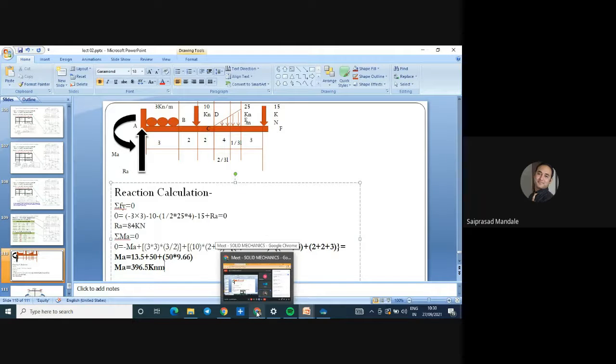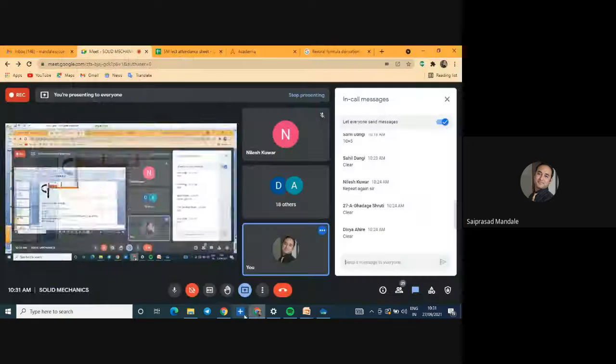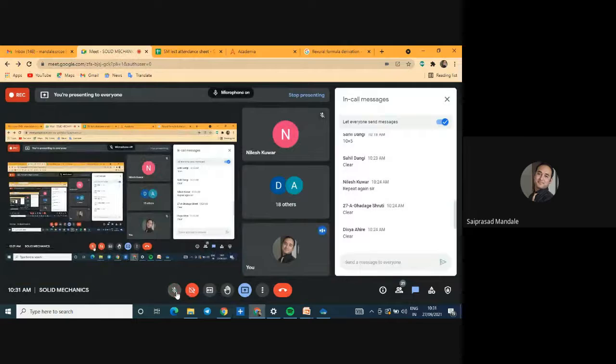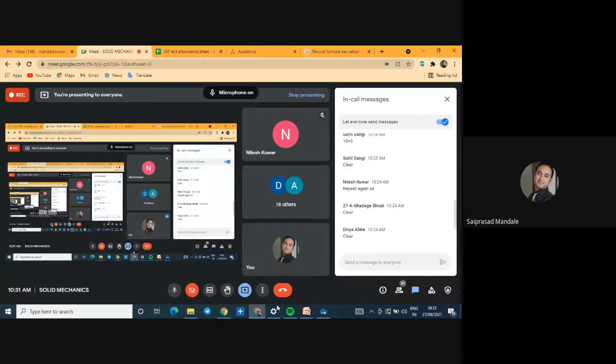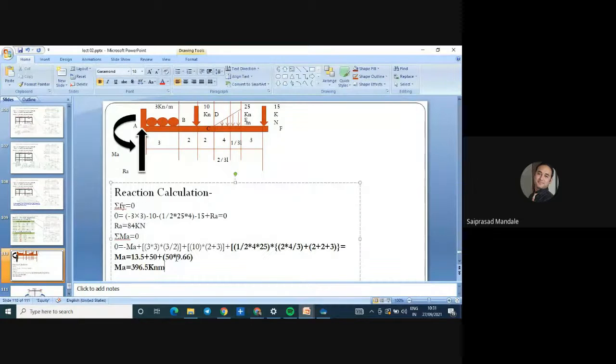So please try to calculate this and tell me the answer, whether the equation is right or wrong. Everybody has to do the calculation, no?